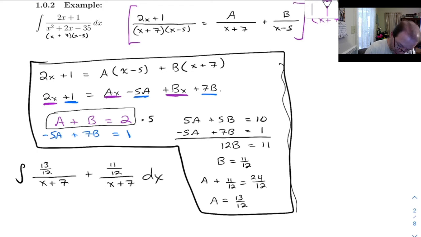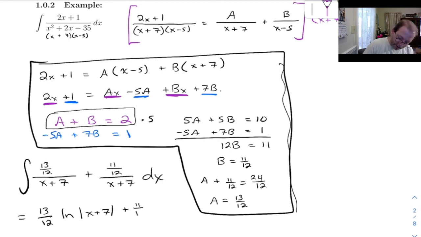And I'm going to make my integral symbol bigger. So integrating this now is just 13 over 12 ln of x plus 7 plus 11 over 12 ln of x, plus, I miscopied that. That was supposed to be x minus 5. Plus C. And so that's my answer.